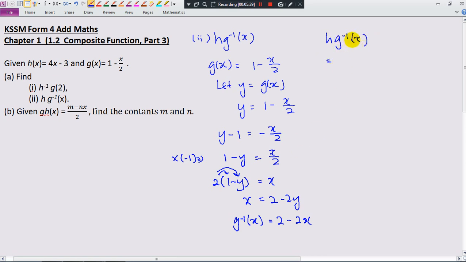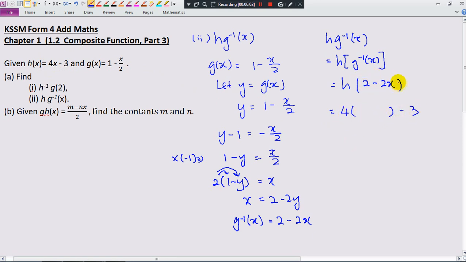So we know that g inverse is equal to, let me write a parenthesis first, this, right? 2 minus 2x. Now how about h? h is equal to 4x minus 3.